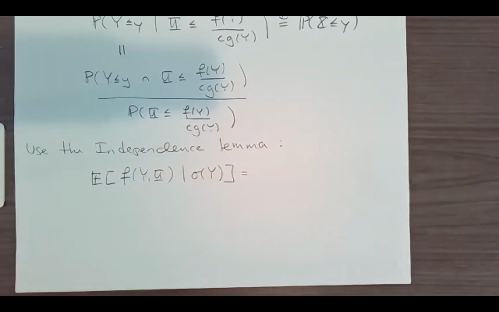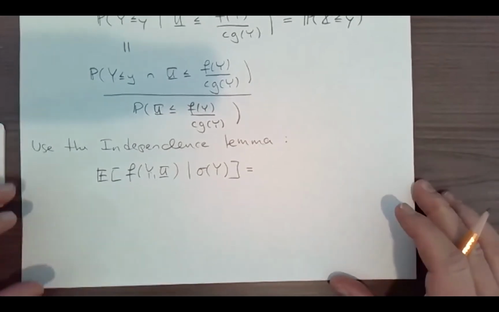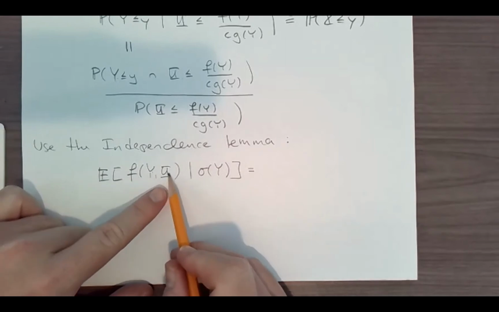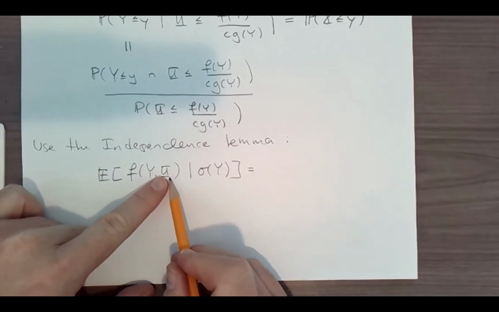Alice says you can pull out the stuff that's independent. So you got a Y here, we're conditioning on Y, and then this thing here is independent.